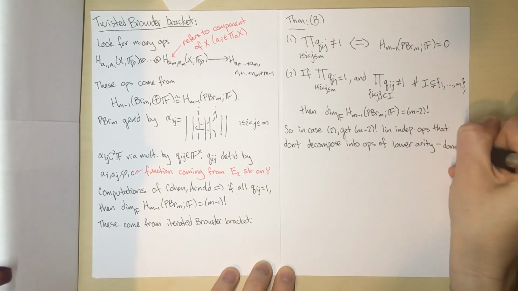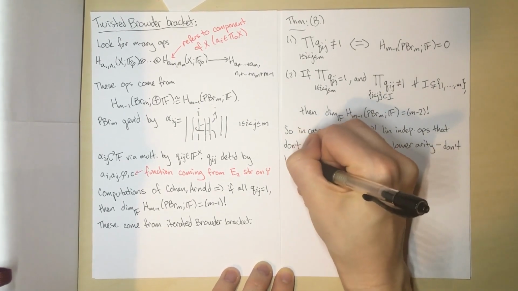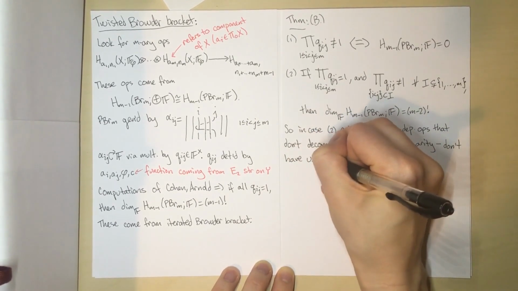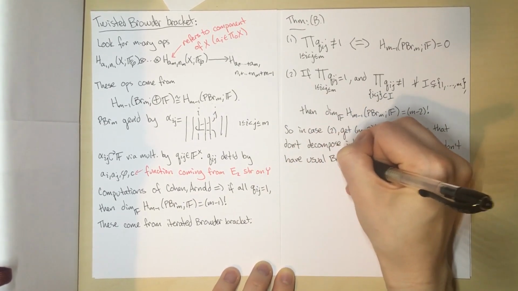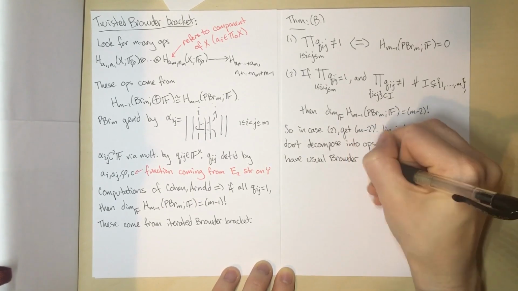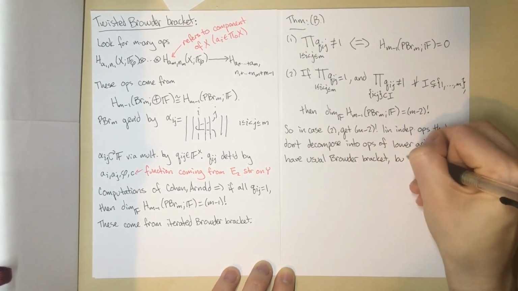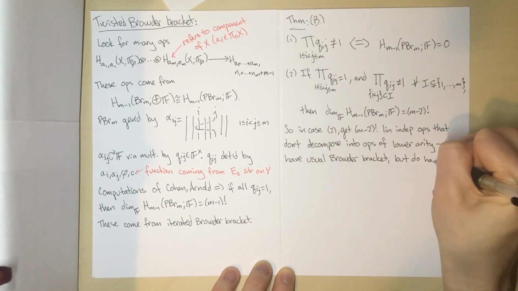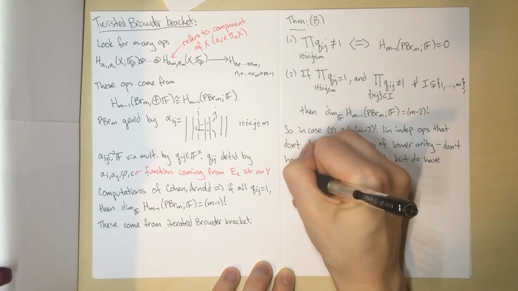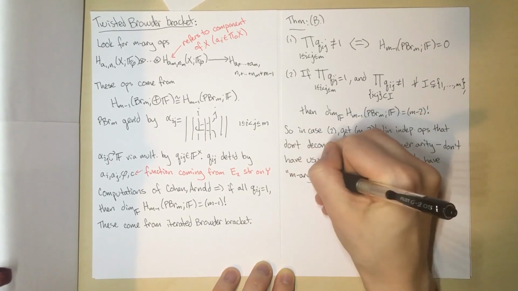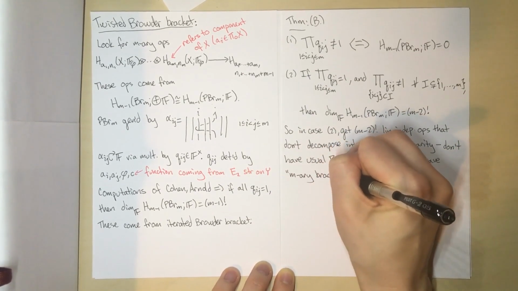So in particular, this means that we don't have the usual Browder bracket. But what we do have is some strange m-ary version of this bracket. This is a bit surprising.